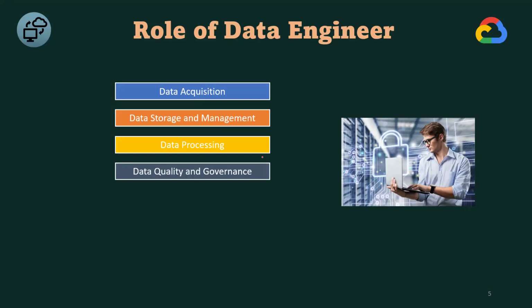Similarly, we need to ensure that the data is of good quality and accurate throughout the platform with the help of data quality and governance. And system integration: we don't want to do things manually, guys, because if we do things manually, there can be a problem.